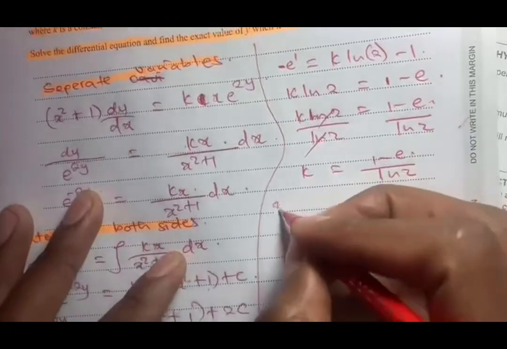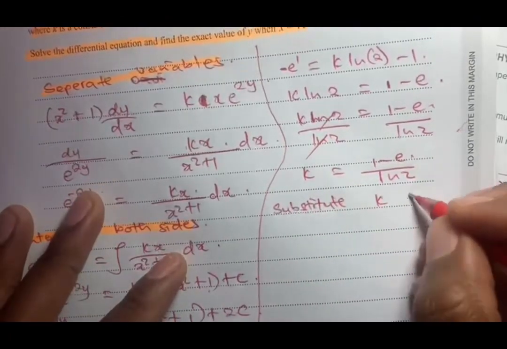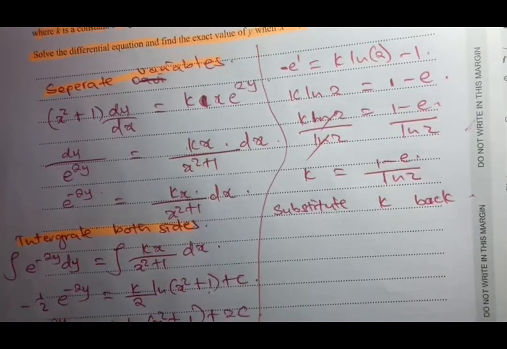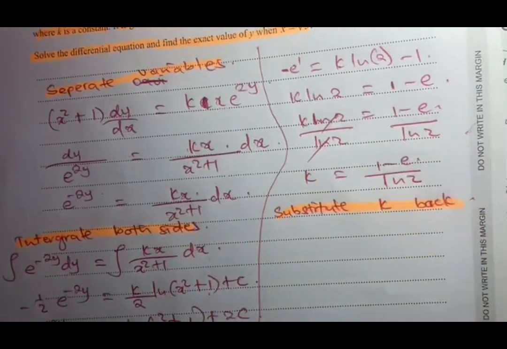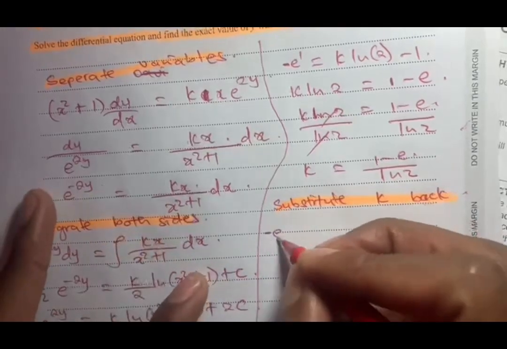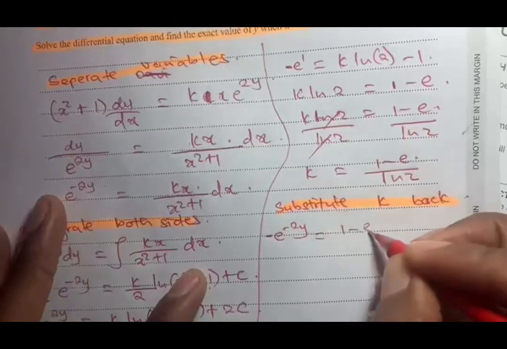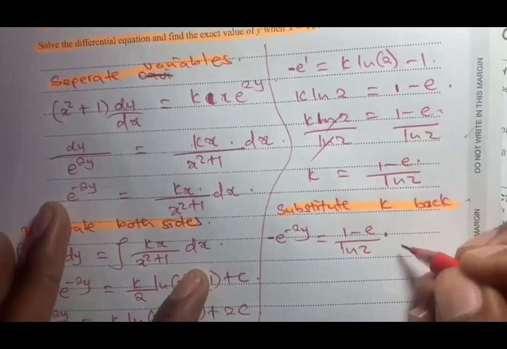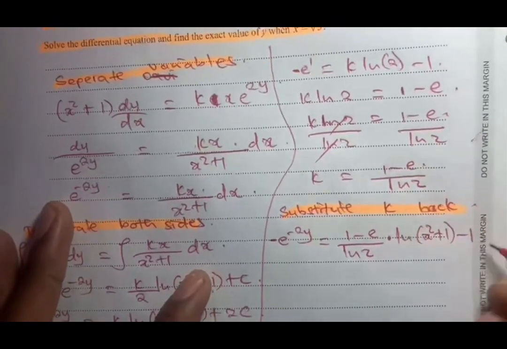So the next thing is to substitute k back. I found the value of k, so I can substitute it back. I'll get minus e of minus 2y is equivalent to 1 minus e over ln t, multiplying ln(x² + 1) minus 1.